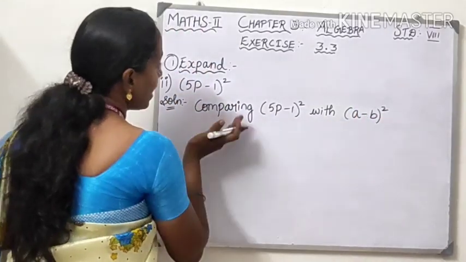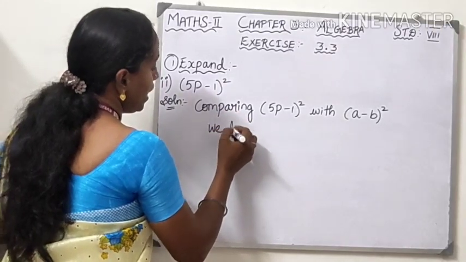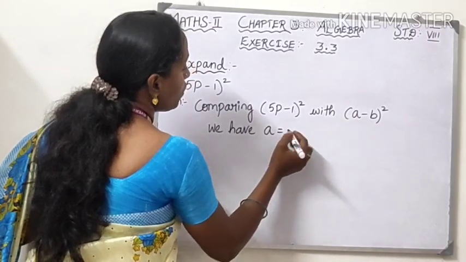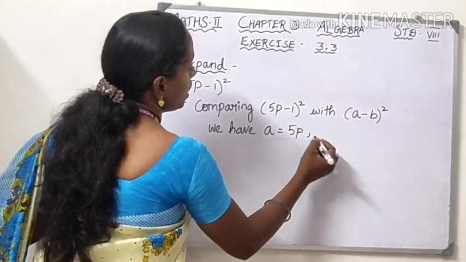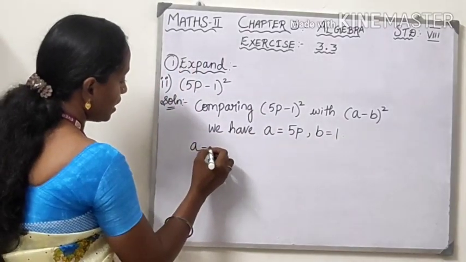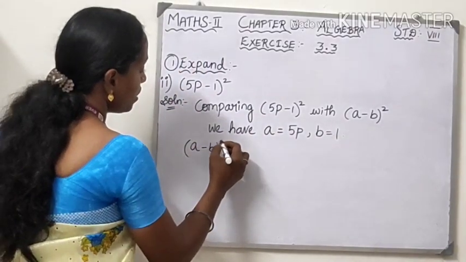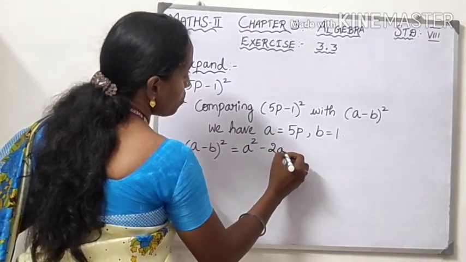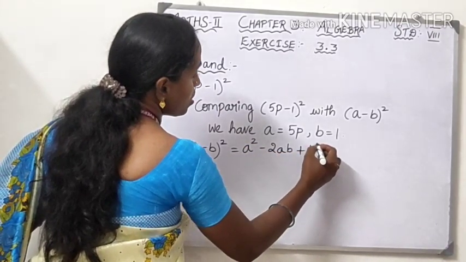Now we have to compare and write down the values of a and b. So a is equal to, what is the value of a? It is 5p. And what is the value of b? It is 1. So now we are going to write the identity (a minus b) the whole square is equal to a square minus 2ab plus b square.